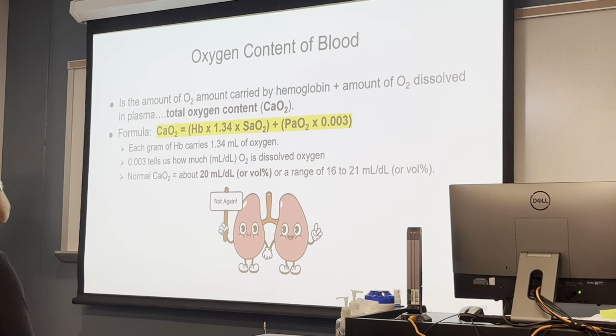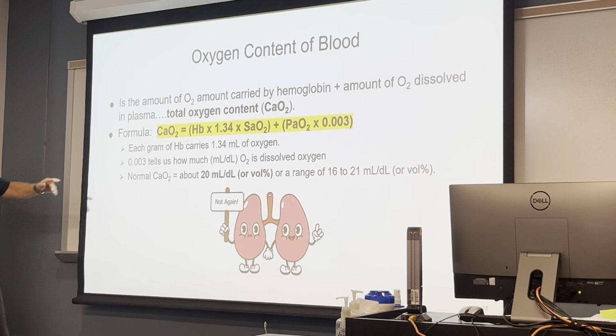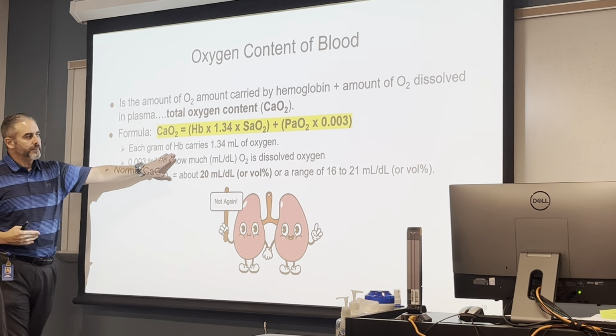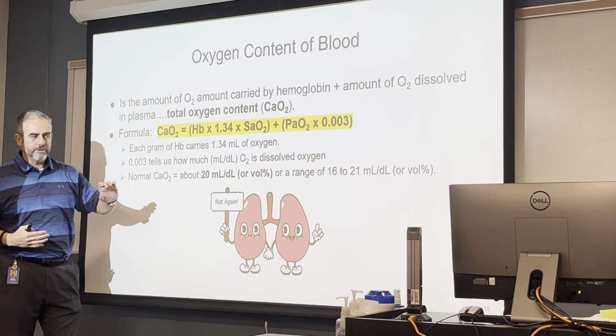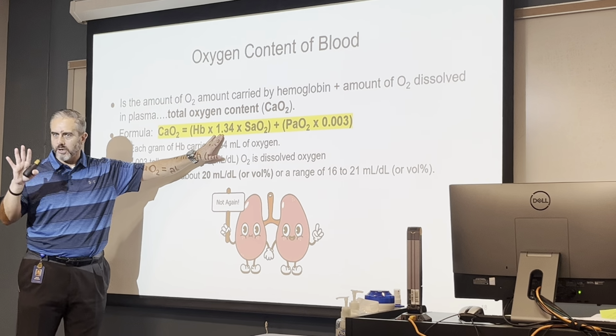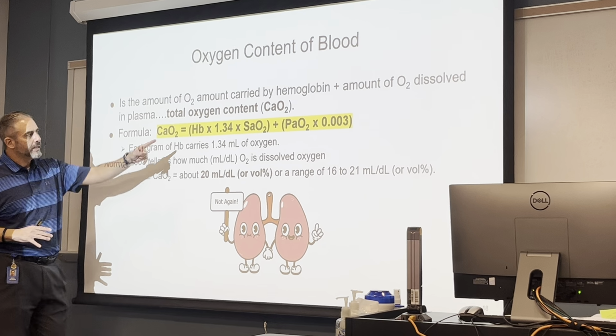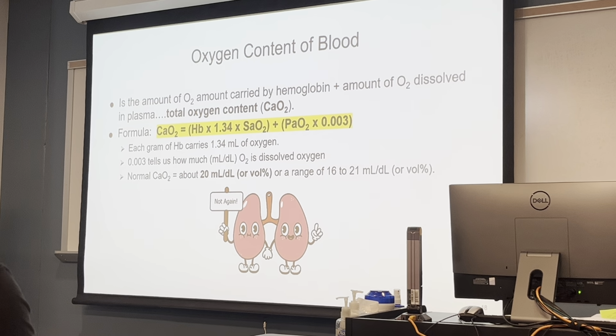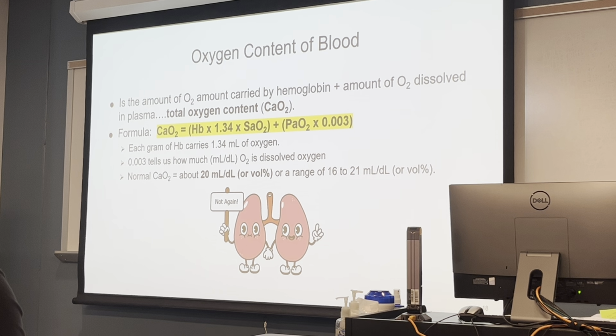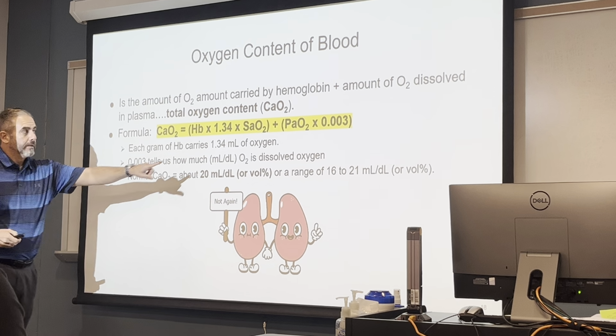1.34 is a factor that's always going to be there. That tells me for each gram of hemoglobin, it will carry 1.34 milliliters of oxygen. So that constant is always there. That's going to be multiplied by the saturation. If our saturation right now is a normal 98%, I would have 0.98.